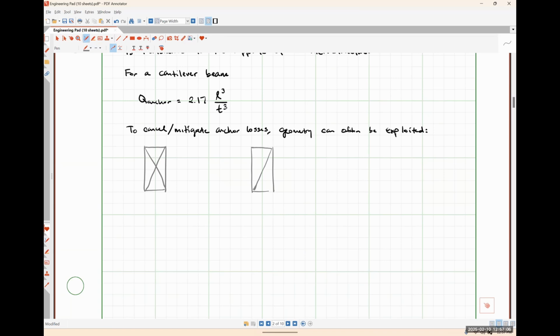And instead of having a single beam, I might put two of them. So here's my structure, where this one and this one are my resonating structures.